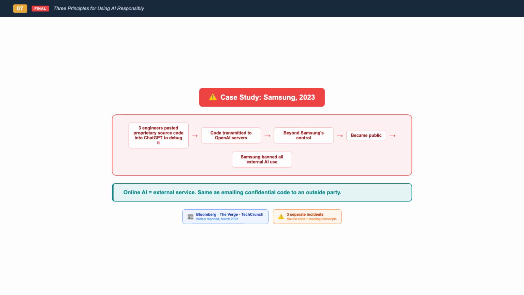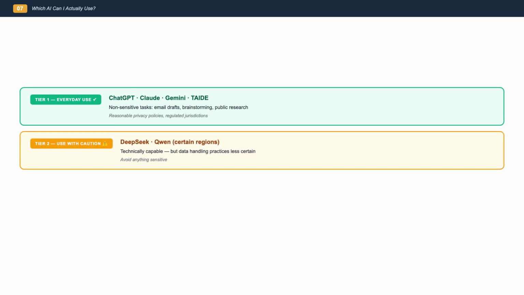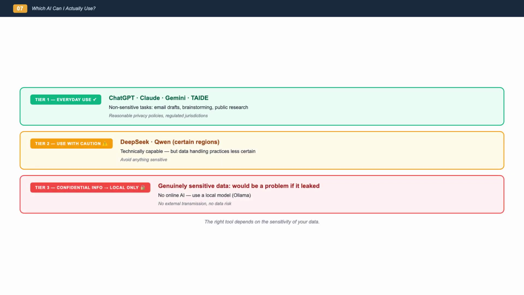So which AI can you actually use? Think of it in 3 tiers. The first tier: mainstream services from major providers, ChatGPT, Claude, Gemini, and for Taiwan-specific contexts, TAID. These are appropriate for everyday tasks, drafting, research, and general productivity work.